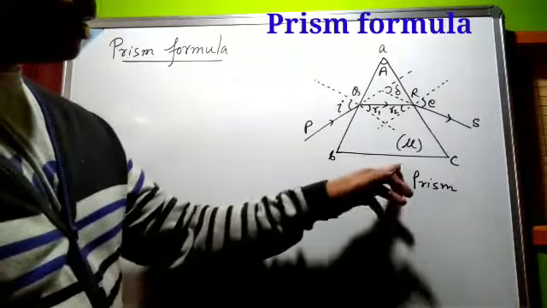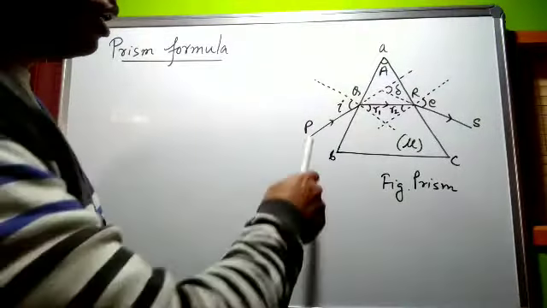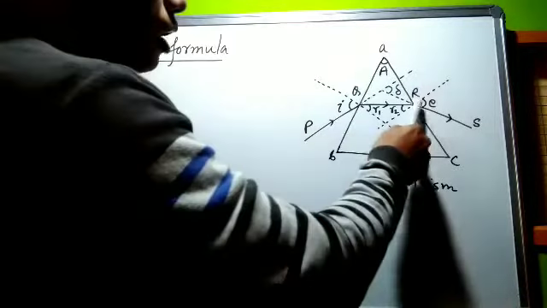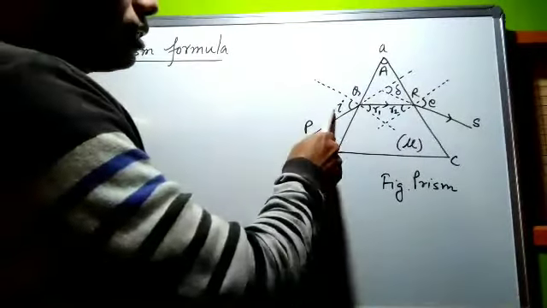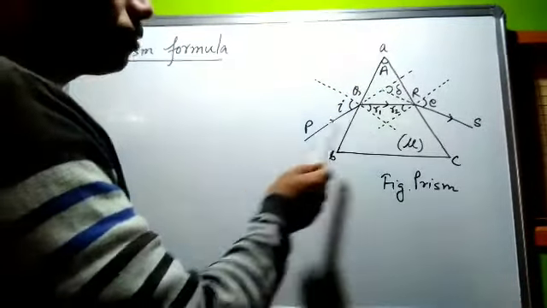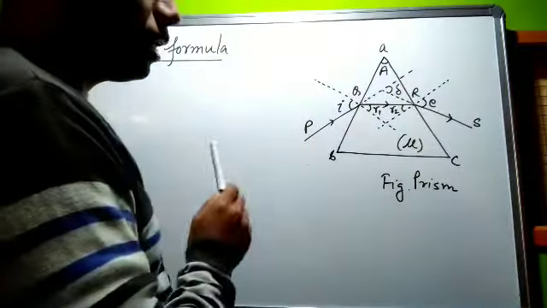There is a prism. The light ray is passing through the prism along the path PQRS. I is the angle of incidence on the first refracting surface AB. R1 is the angle of refraction on the refracting surface AB.